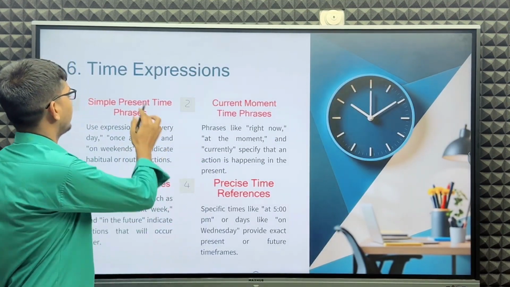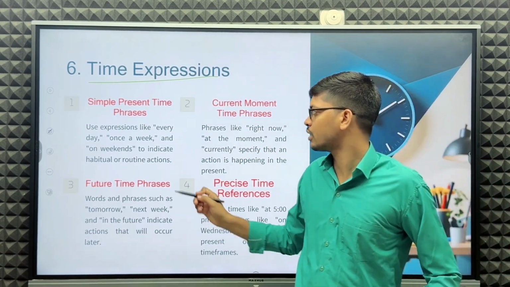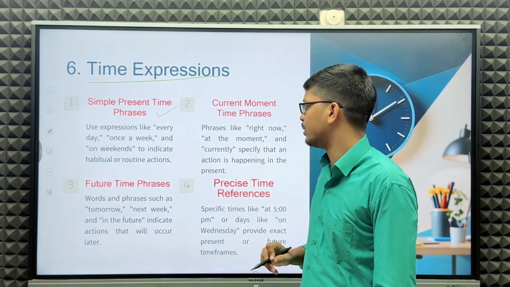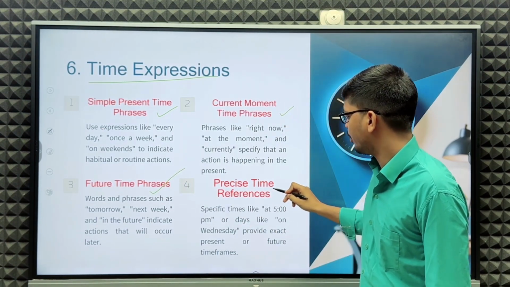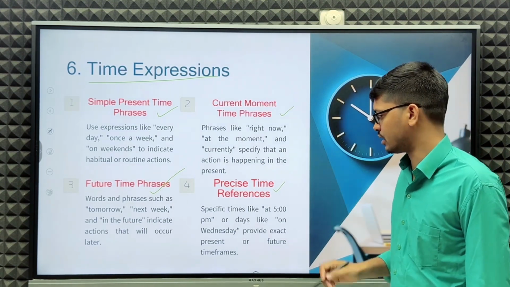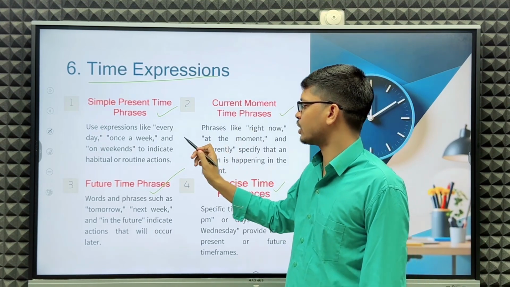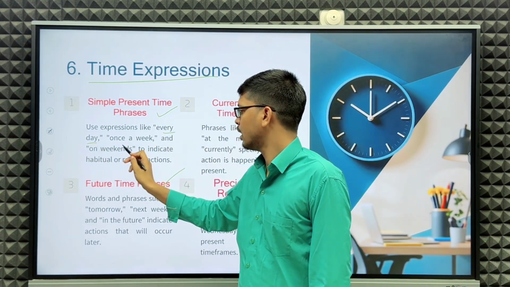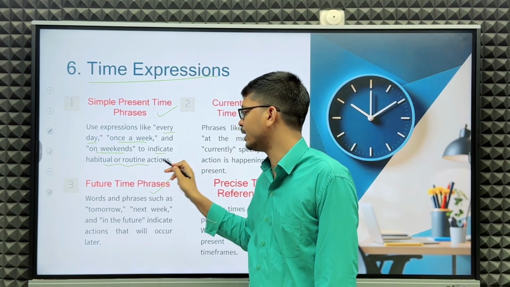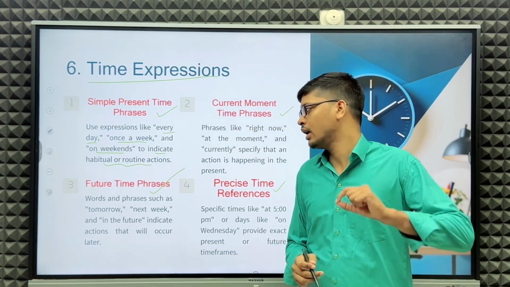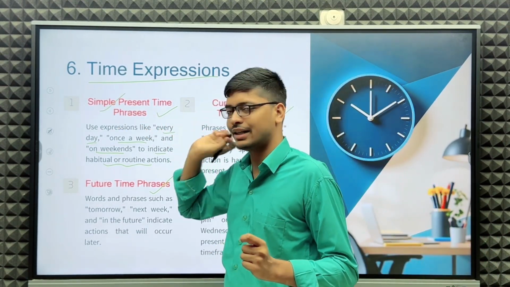Next point here, time expressions. Simple present time phrases, current moment time phrases, future time phrases, precise time references. Simple present time phrases use expressions like every day, once a week, and on weekends to indicate habitual or routine actions. So we have to use simple present tense.